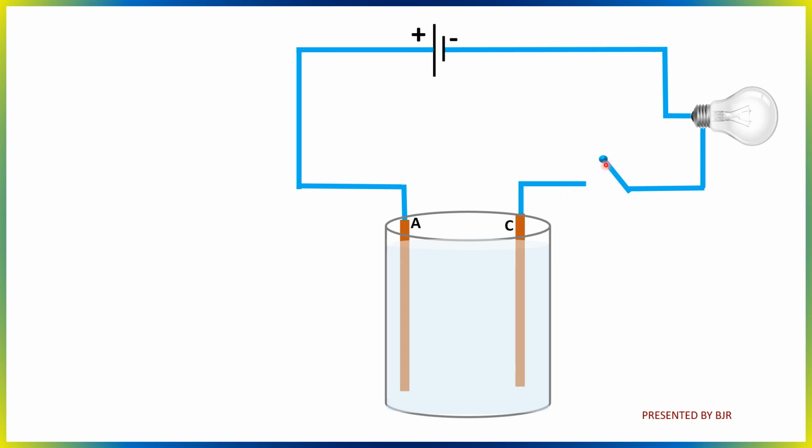When the circuit is open, the bulb doesn't glow. I already told you, inside the copper sulfate solution, copper ions and sulfate ions move randomly throughout the solution. You see here, this is the random motion of Cu plus 2 and SO4 minus 2 ions.